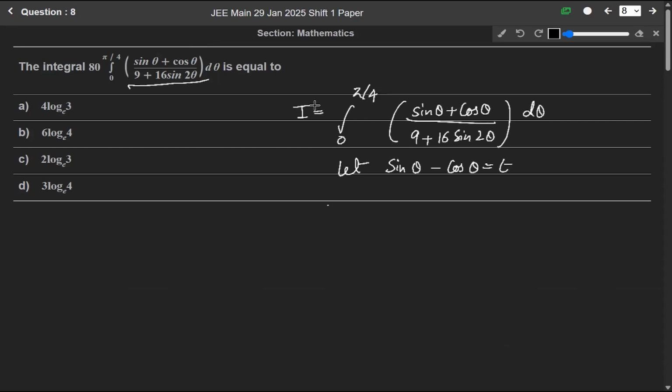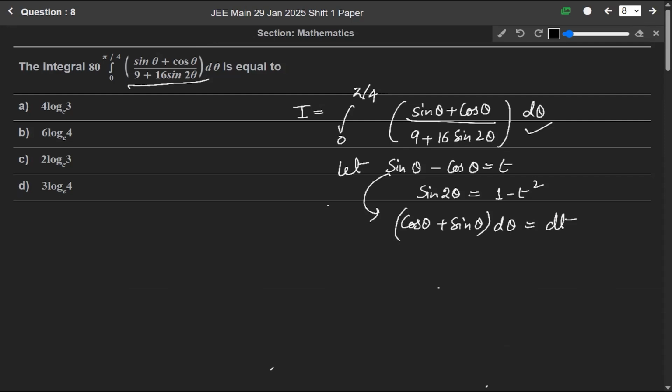Then we can write sin 2 theta as 1 minus t squared. And we can also write that (cos theta plus sin theta) d theta equals dt.